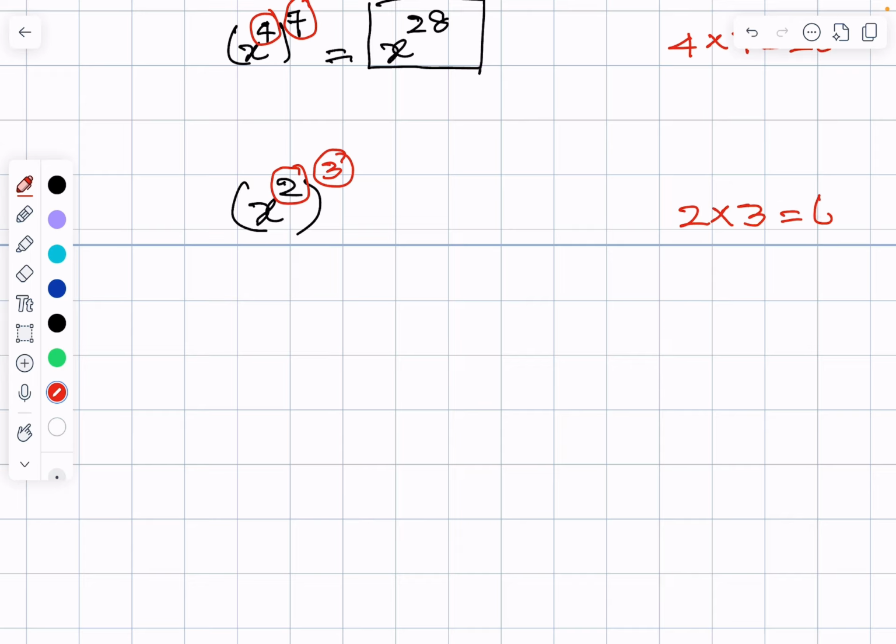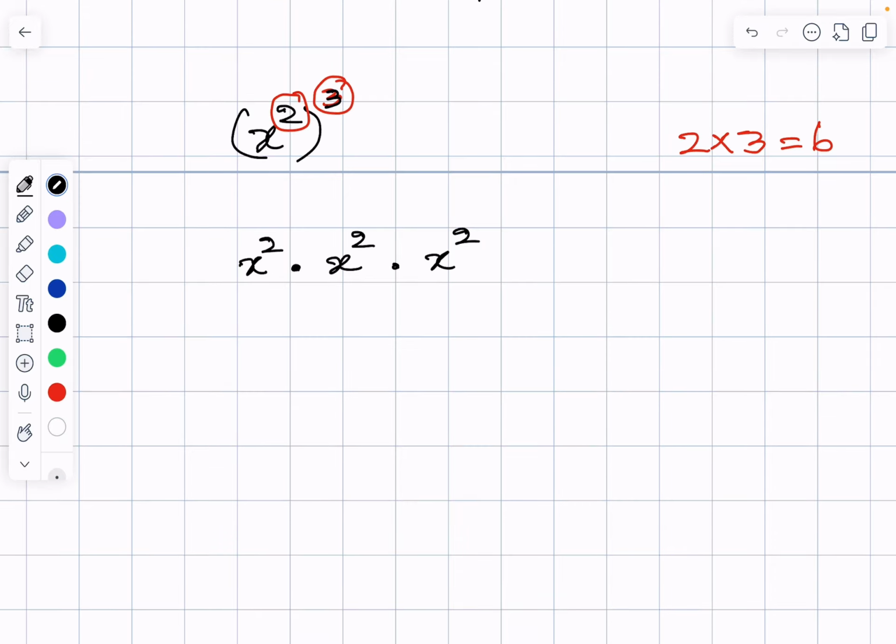Let's prove it. Now x squared raised to the 3rd power means 3 times x squared. Let's write x squared 3 times: x squared times x squared times x squared. Like this. Then each x squared is x times x.